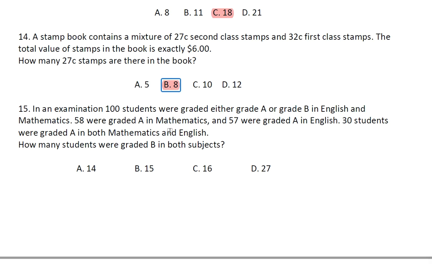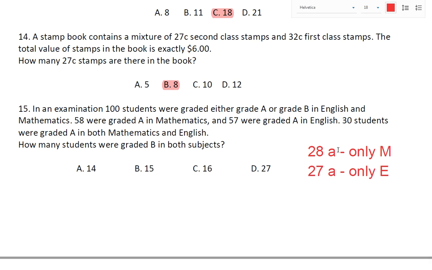If we've got 58 that were graded A in mathematics, that means we've got 28 that were A only in mathematics, and 27 A only English. And 28 plus 27 is 55 in total.